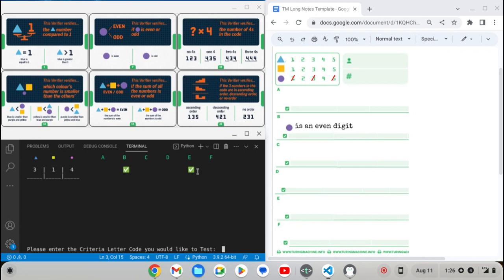The Turing machine approves of that. So let's go ahead and type that up in our notes for section E, and that is that triangle plus square plus circle is indeed even.